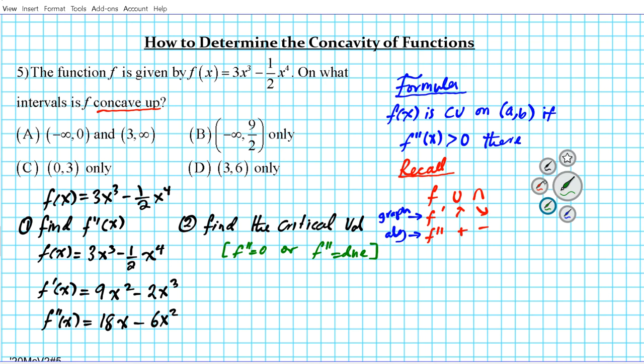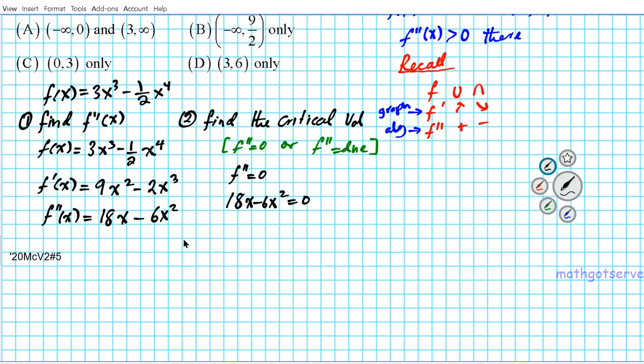Alrighty. So let's start with where the second derivative is equal to 0. So f double prime equals 0. You take this function right here, 18x minus 6x squared, set equal to 0. We're looking for the zeros of the second derivative. So factor out 6x, and then we're left with 3 minus x equals 0.